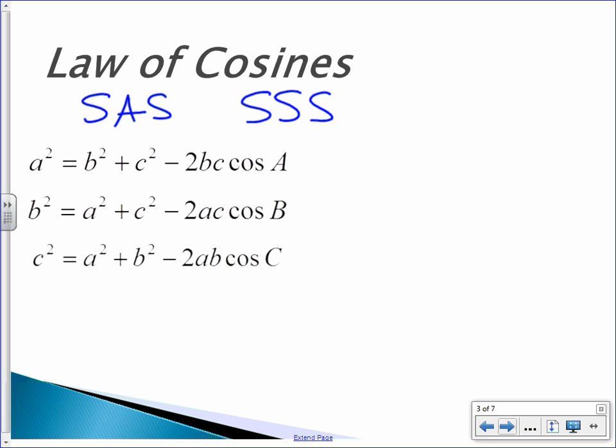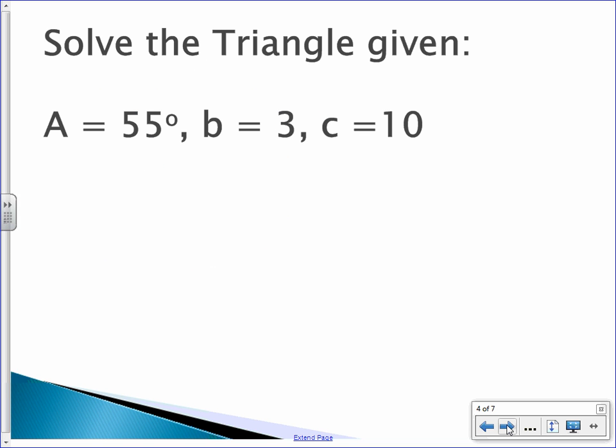If you're presented with a triangle with side angle side or side side side, we have to use the law of cosines. From there we can make some decisions, but we have to start with the law of cosines. Alright? So, let's solve that. Solve this triangle.